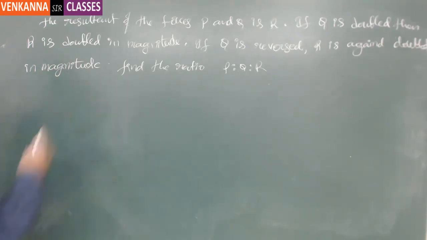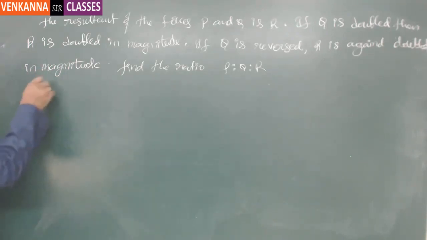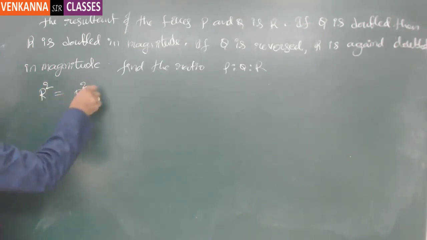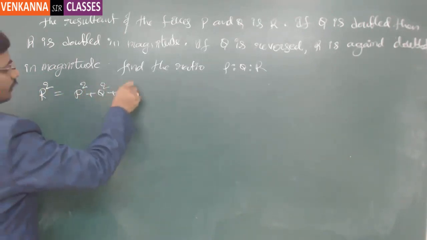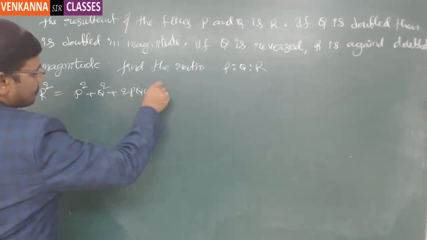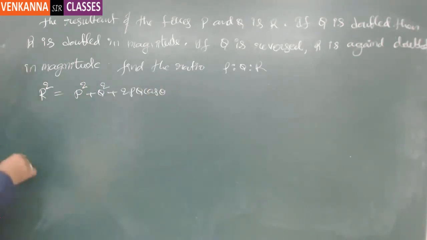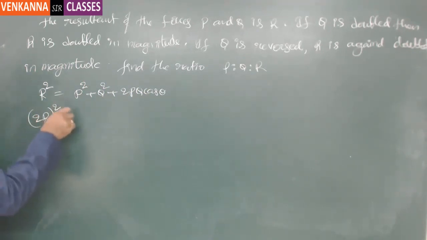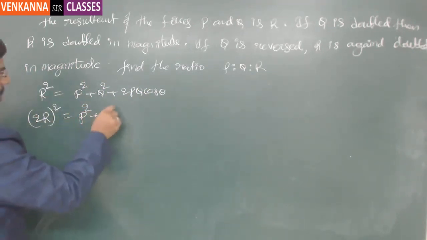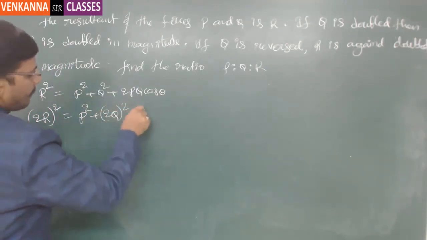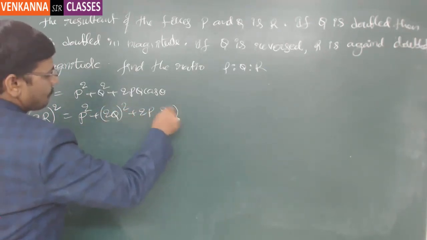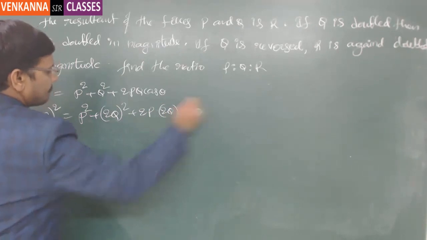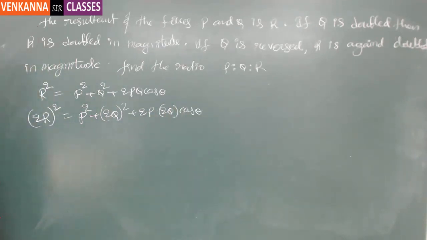So there are three different relations. One is R² = P² + Q² + 2PQ cos theta. And the second one: if Q is doubled, that means R is also doubled. Only the magnitude is doubled, but not the angle.